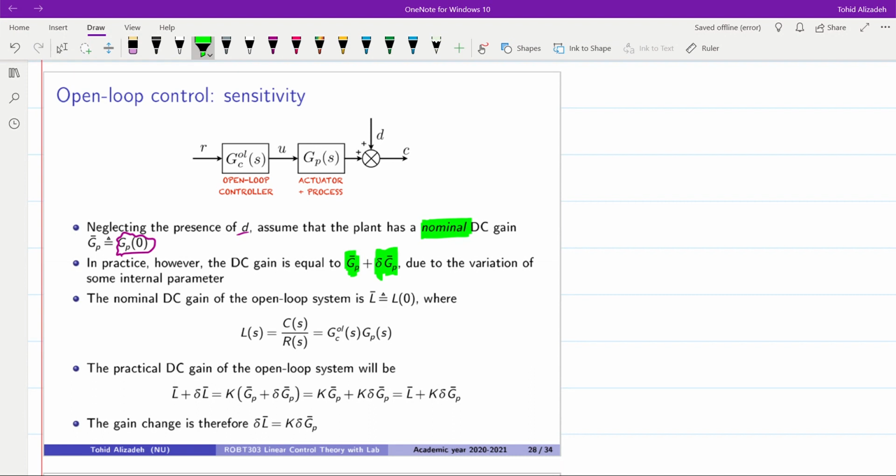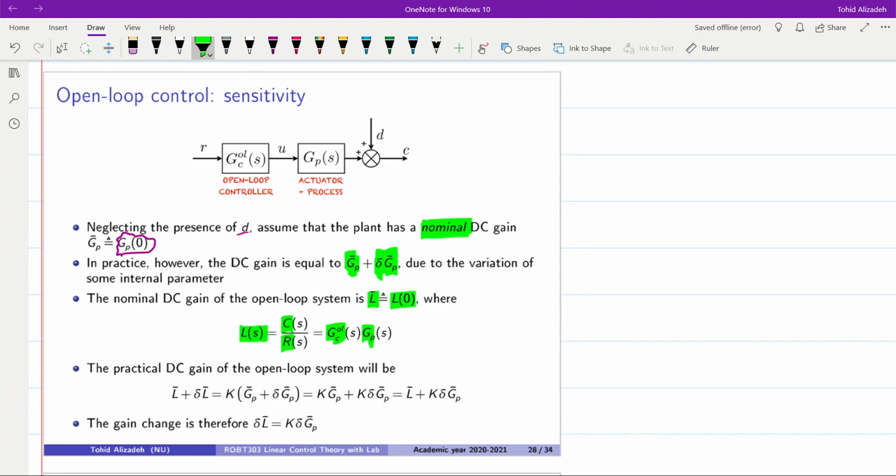And it might happen because there are some internal parameters which are different than the nominal values that we have assumed for them. The nominal DC gain of the open loop system, L bar, which is defined as L evaluated at 0, for which we have L equal to C over R, obviously, and then it is equal to GC open loop times GP.